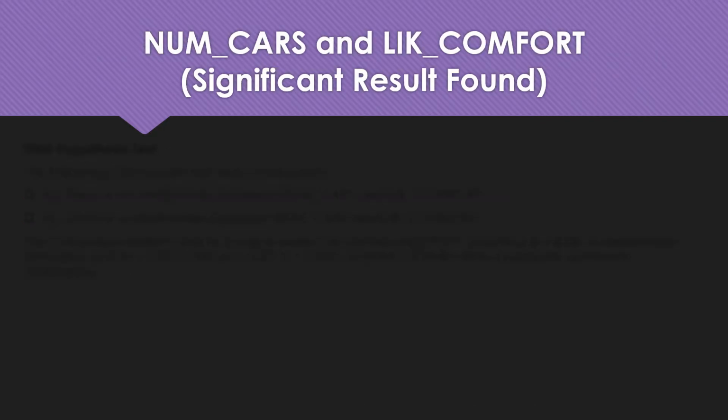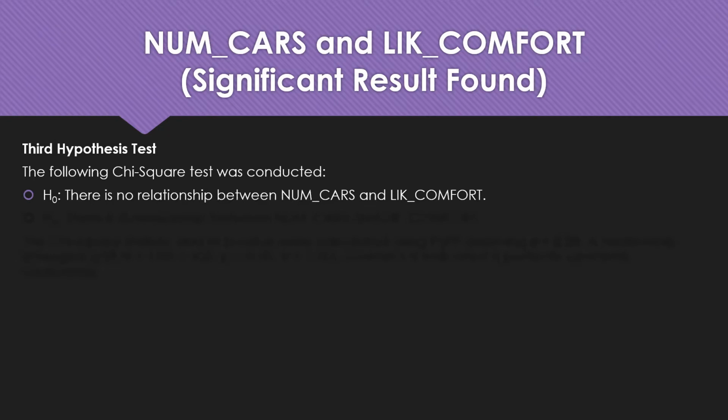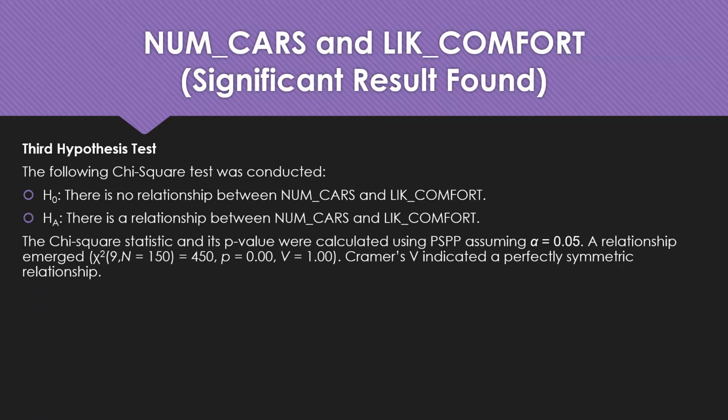Moving on to our third and final hypothesis test, the following chi-square test was conducted. Null hypothesis. There is no relationship between the number of cars and Likert comfort. Alternate hypothesis. There is a relationship between the number of cars and Likert comfort.